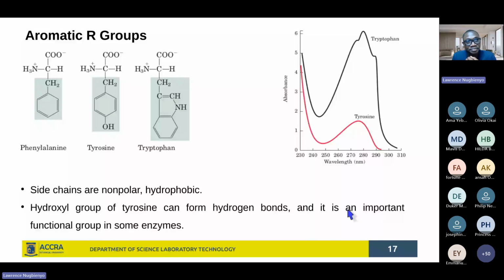You measure the absorbance of your extract at 280 nanometers, and you also measure absorbance at about 260 nanometers, because it is at 260 nanometers that nucleic acids absorb, whilst proteins absorb at 280 nanometers.